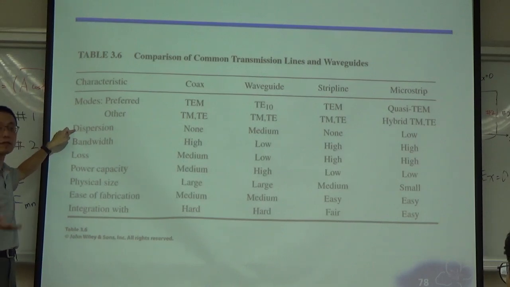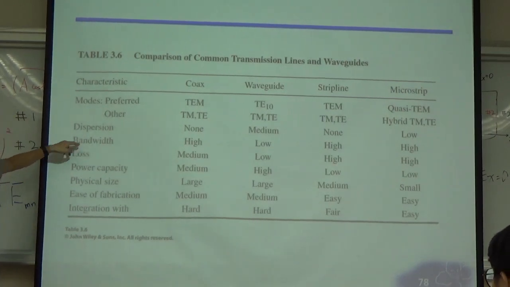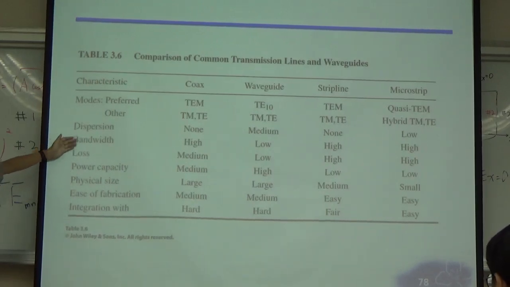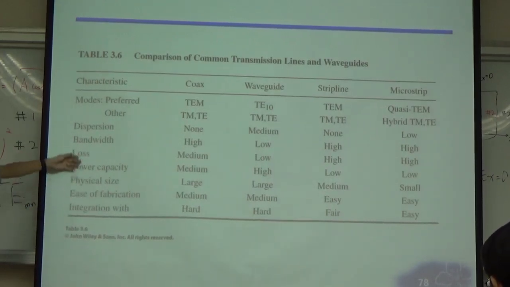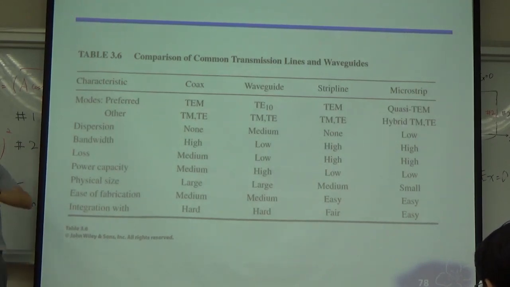Those are just the basic outline. And the bandwidth, so you have different bandwidths and different modes, and you can read through all that. How to integrate, is it easy to integrate with others? It depends on what the other circuits are. That's it for our last class.